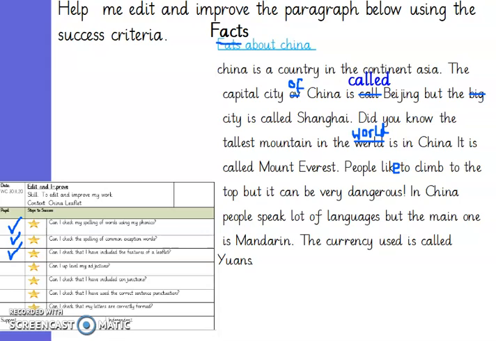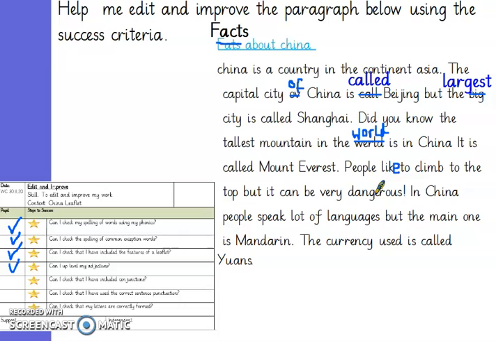I thought I would go for large because I think it sounds quite professional instead of massive or anything like that. But I've also put that it's the largest city. It's not just the large city, it's the largest city in China, and that's called Beijing. So I have double checked that my adjectives are good. Tallest, I think, is already a good adjective, and dangerous.